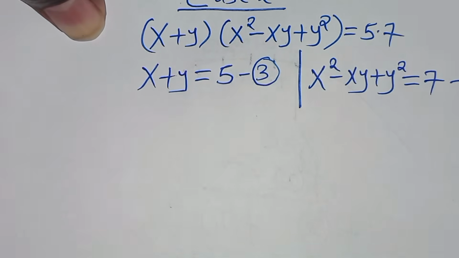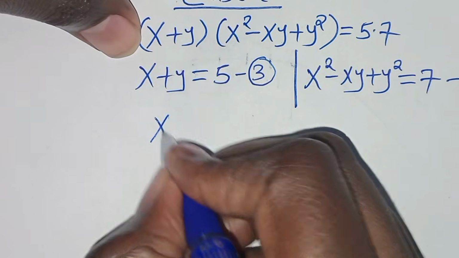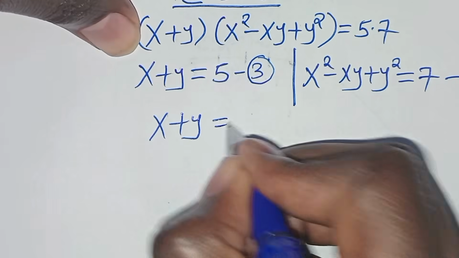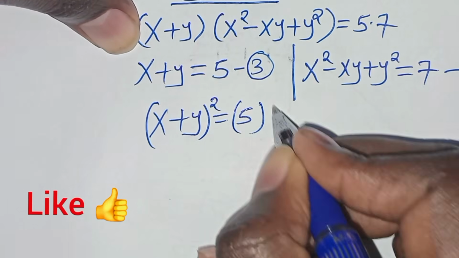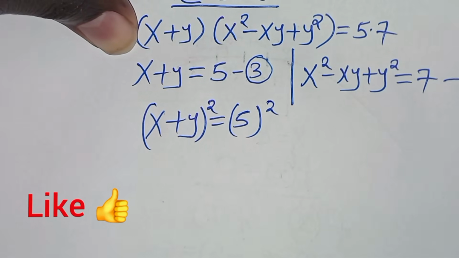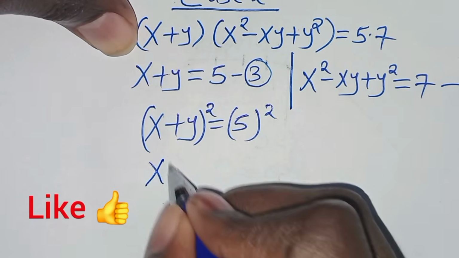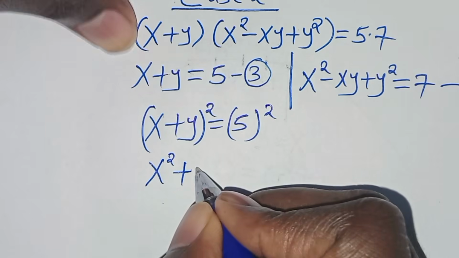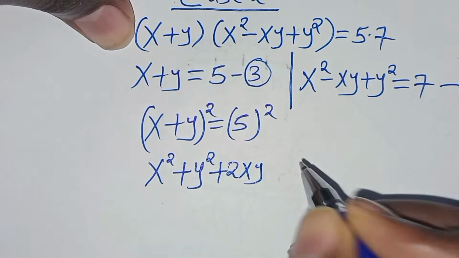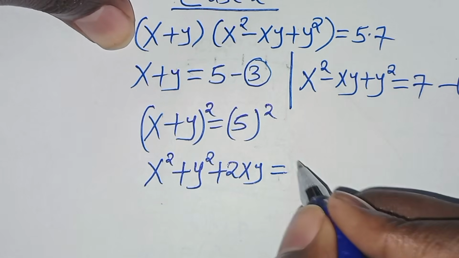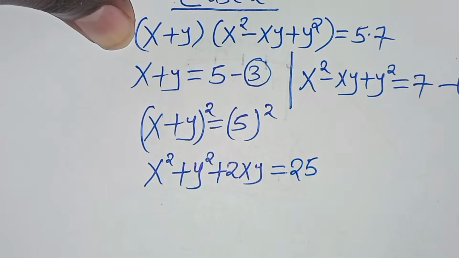Now, from equation 3, which is x plus y equal to 5, let's square both sides, so that now here we have x squared plus y squared plus 2xy, this is equal to 5 squared, which is equal to 25.